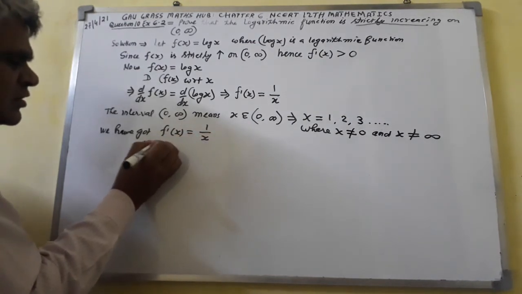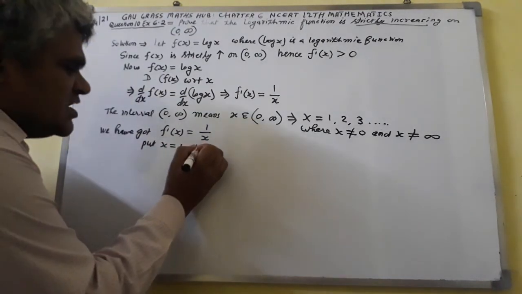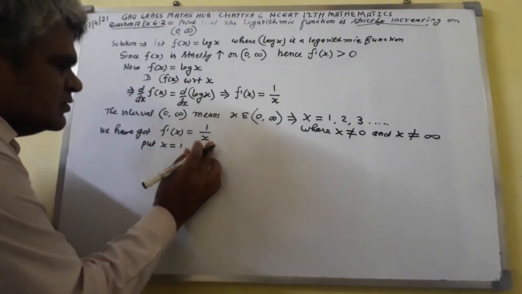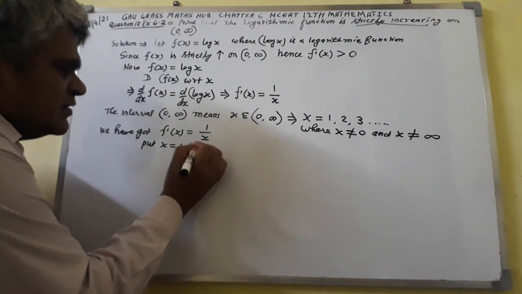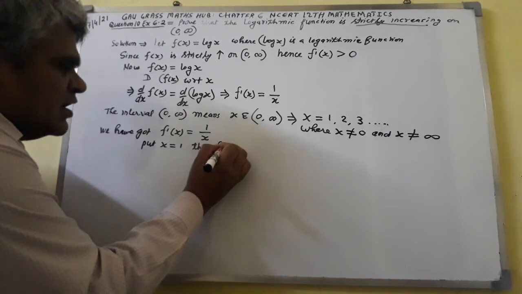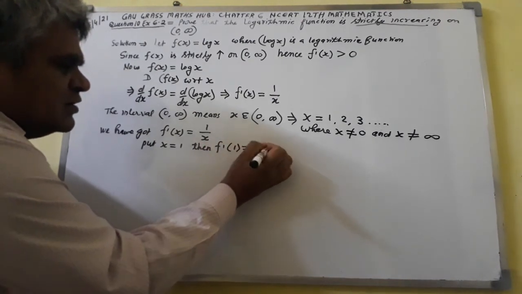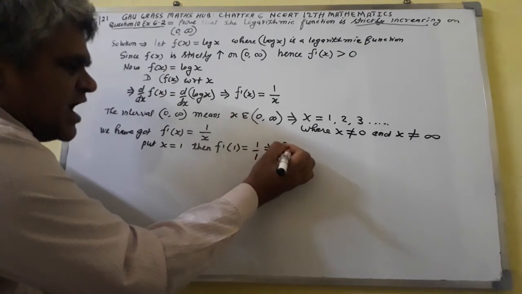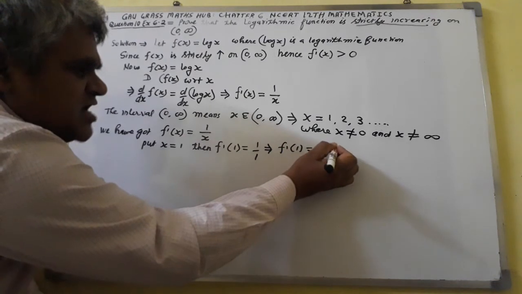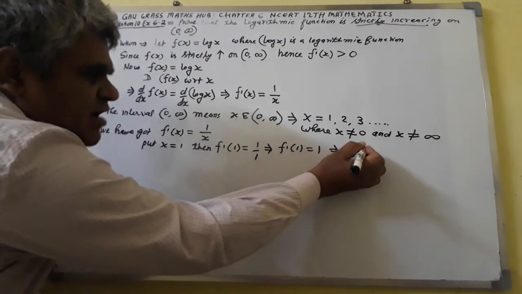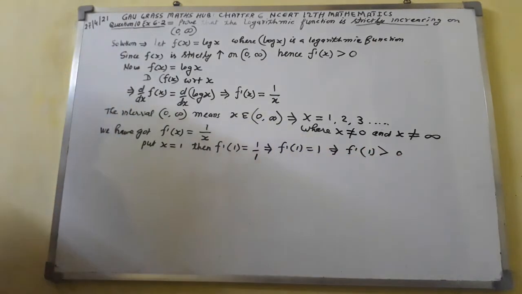Put x equal to 1. Then f dash of 1 comes out to be 1 over 1, implied that f dash of 1 equal to 1, implied that f dash of 1 greater than 0.